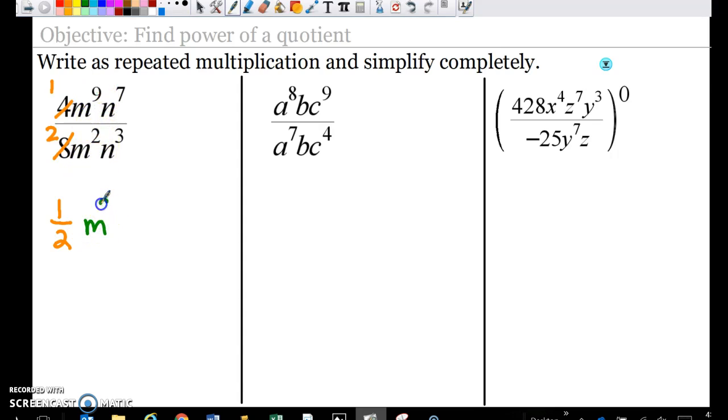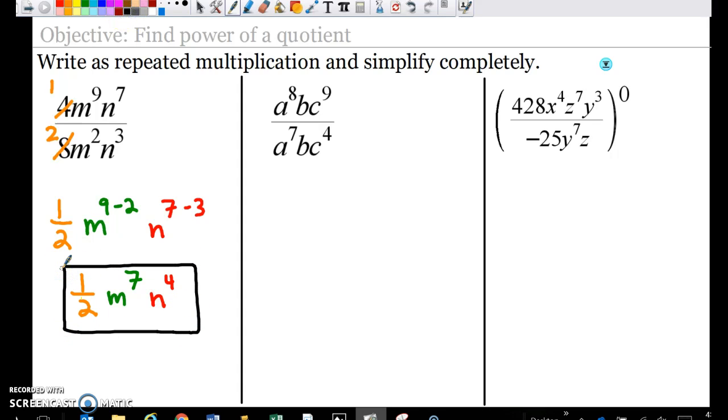Subtract the exponents. 9 minus 2. Third base is n. N to the 7 minus 3. So then I have 1/2 times m to the 7th and n to the 4th. That's my answer. Nothing more I can do.